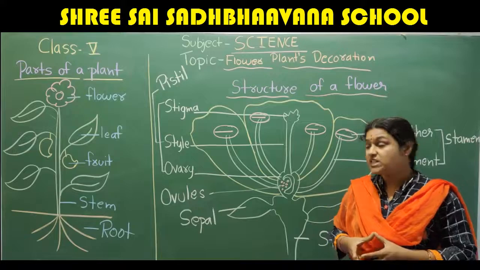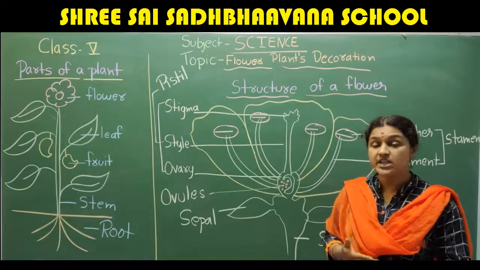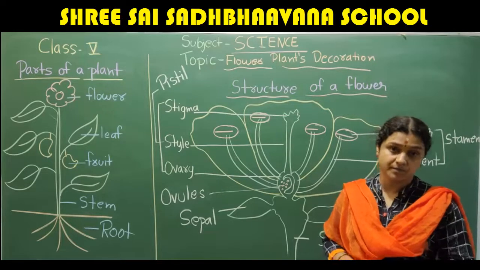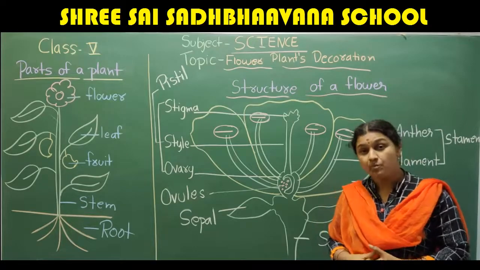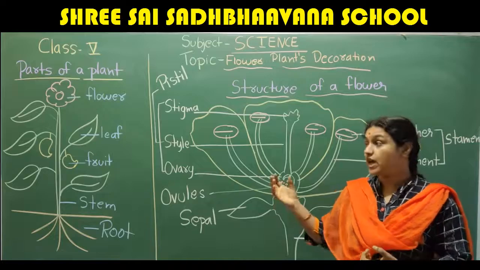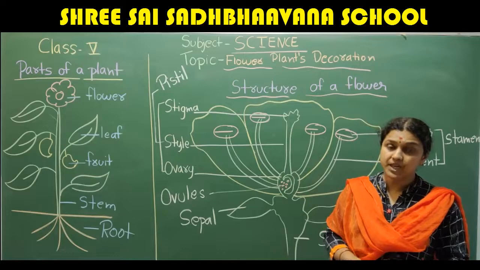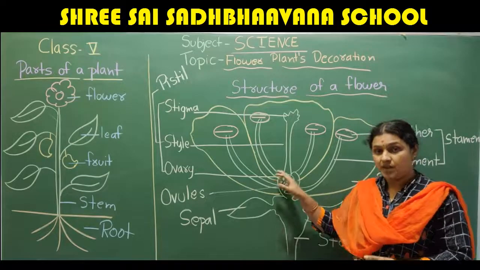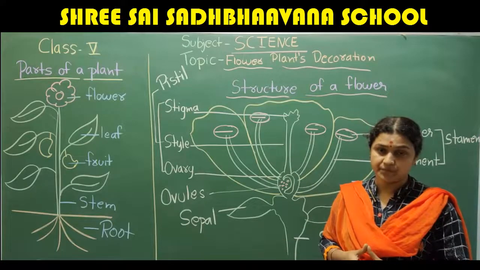But do you know that these flowers have very good fragrance. These fragrances are used to make your perfumes, your agarbattis. And some of the flowers have some medicinal qualities, so they are used for making some medicine, some cream. So the flowers are helpful in many ways.